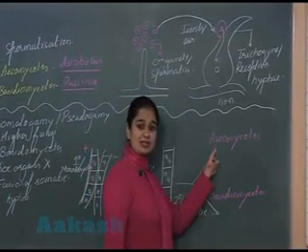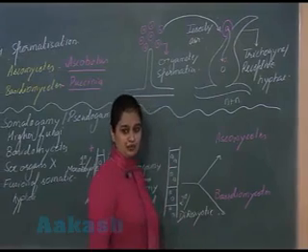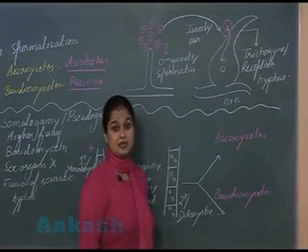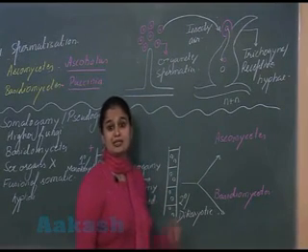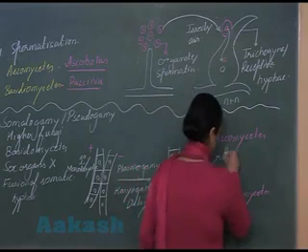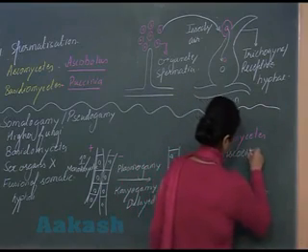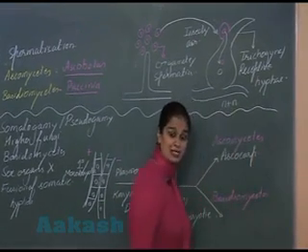In the ascomycetes, this dikaryophase results in the formation of a fruiting body, that is ascocarp.